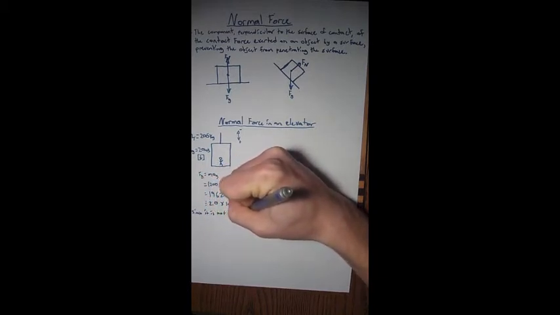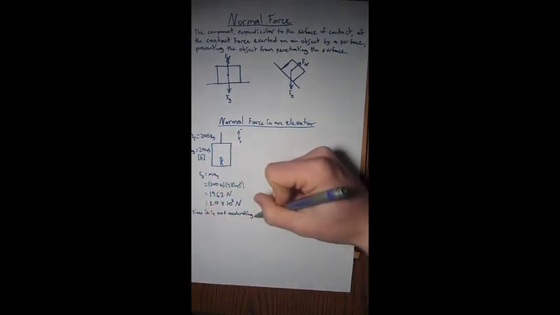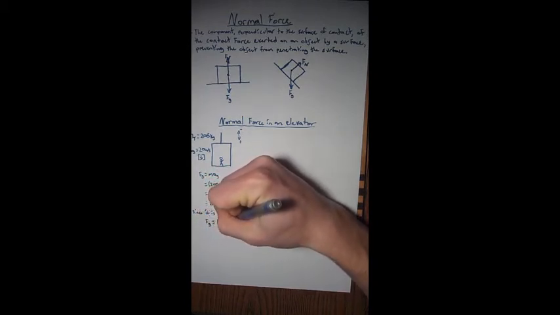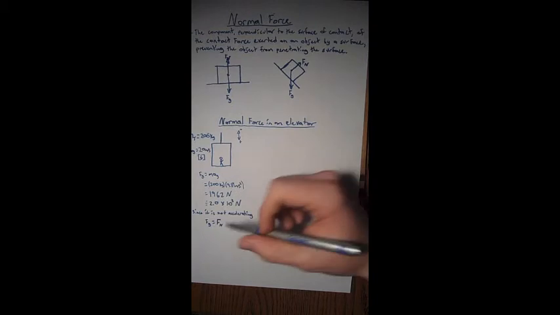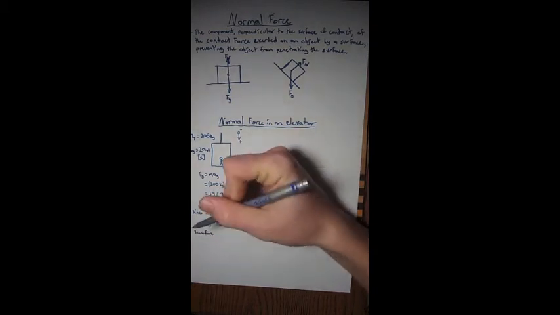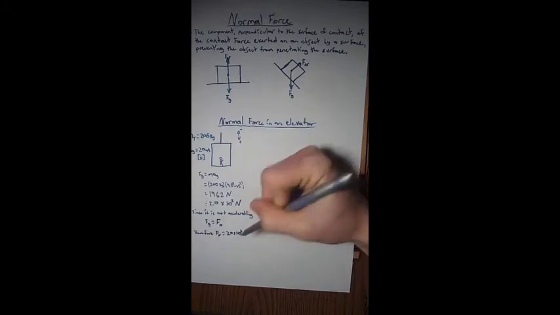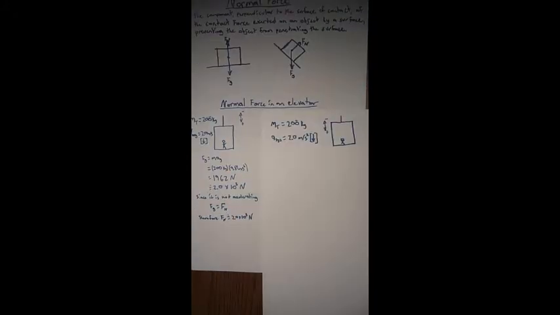Since the system is not accelerating, the force due to gravity is equal to the normal force. Therefore, the normal force is 2.0 times 10 to the power of 3 newtons.